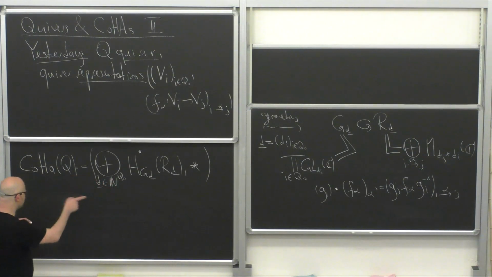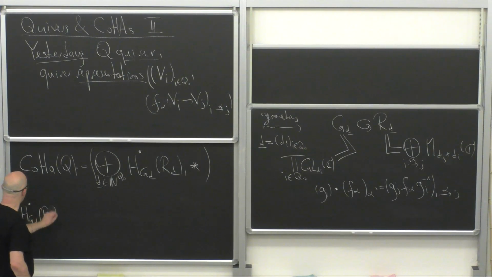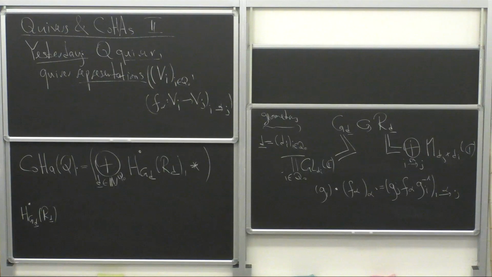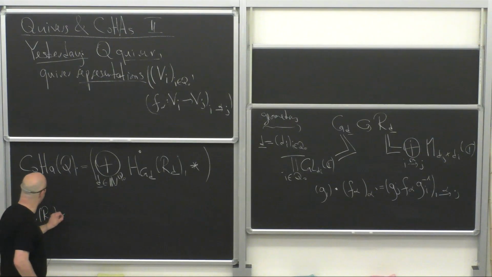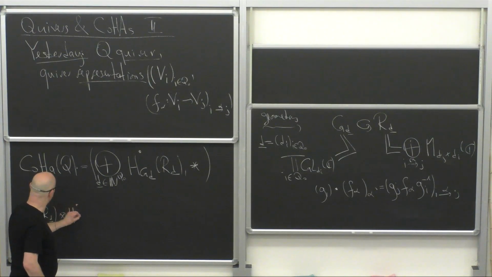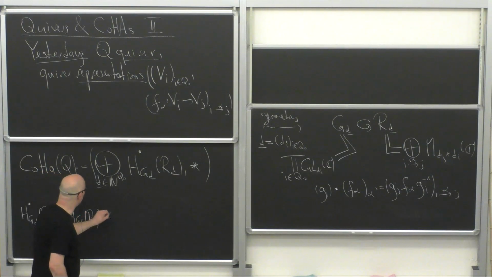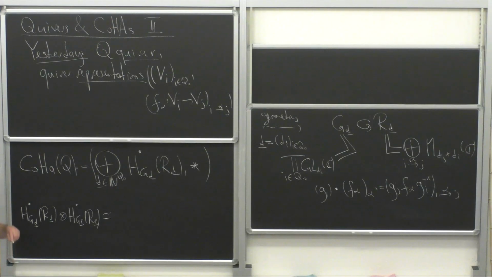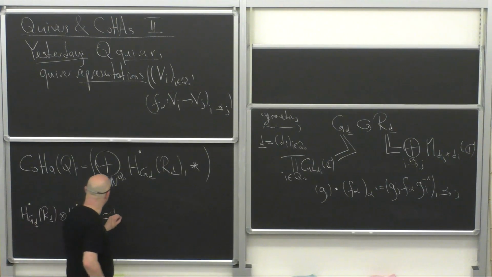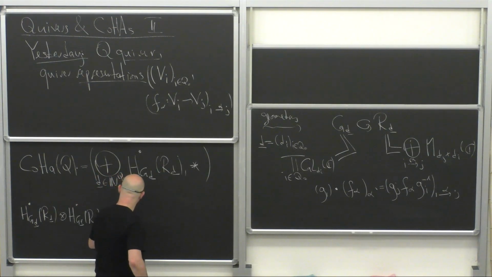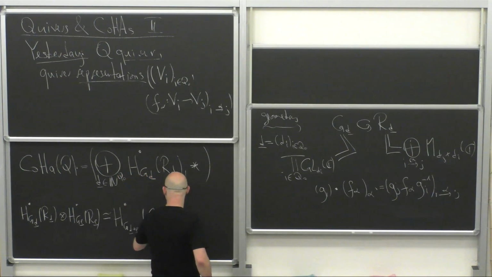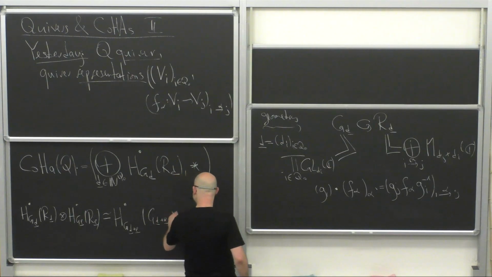The essential feature is we start with an equivariant cohomology class in dimension d and a cohomology class in dimension e, and then after a long chain of identifications, we can write this as a cohomology class with respect to the group G_{d+e} for a space which I will define in a second.